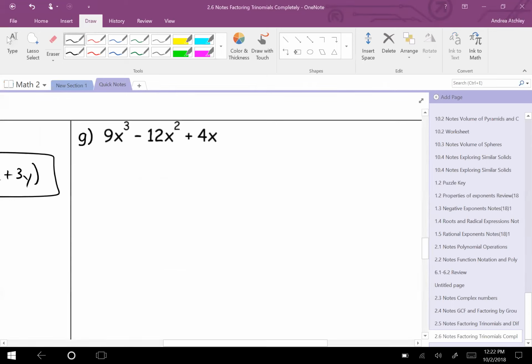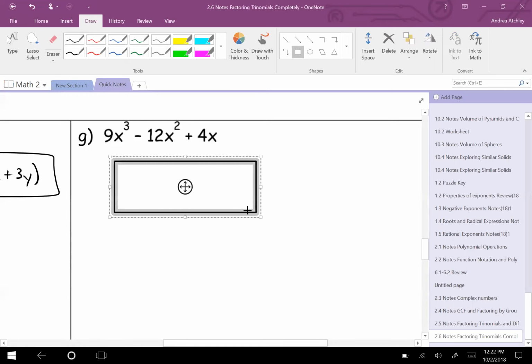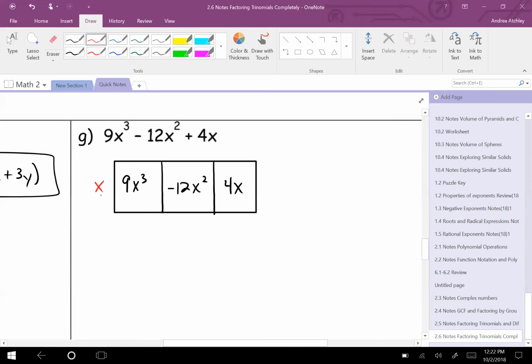Okay, again, we're going to start with that GCF. You don't need to draw this box until you see that there's a GCF. Okay? I know there's a GCF. What do they all have? An x. They all have that x. They can't be divided by a number, but they can be divided by that variable. So I can factor out that x.